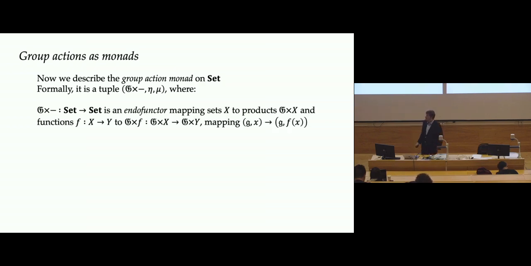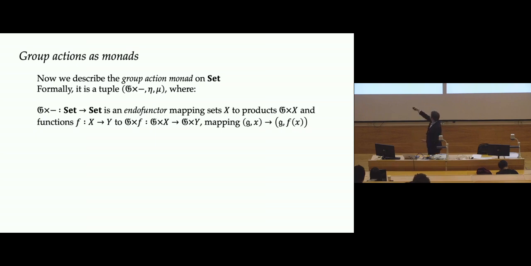So G times blank is, as we said, an endofunctor from Set to Set, which maps individual sets X to products G times X, and functions that map one set to another to functions that map products by basically ignoring the G element and just applying f on the second part, right? So hopefully it makes sense why this is an endofunctor. What this does is it takes any particular set you might want your group to act on, and it attaches the set of all possible group transformations to it, so you can act on it, right?